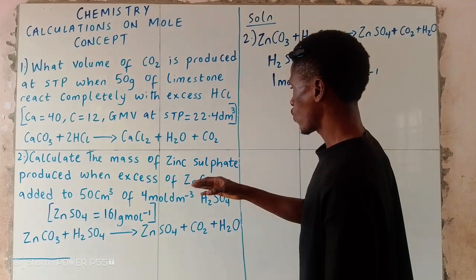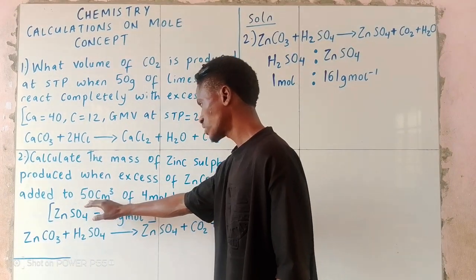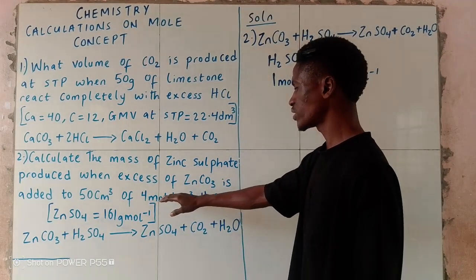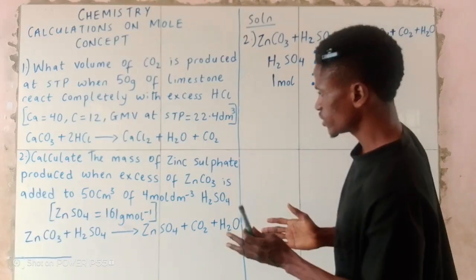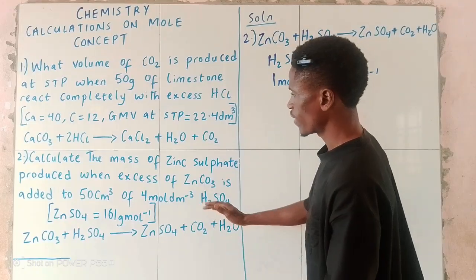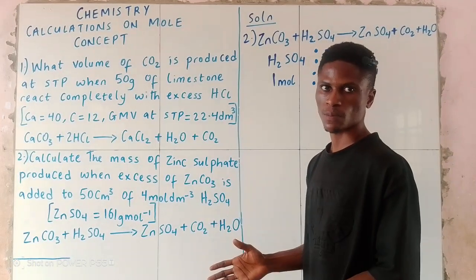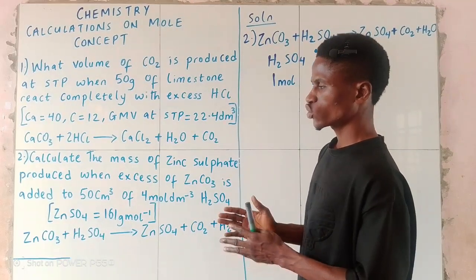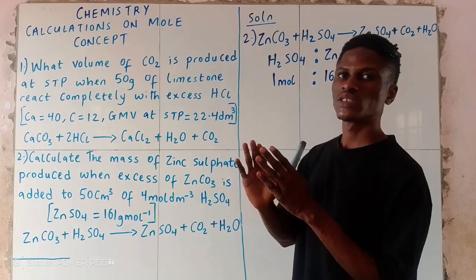When excess of zinc carbonate is added to 50 cm³ of 4 mole per dm³ H2SO4. Very easy. This value might seem confusing to us, but it's very simple. What they are asking us to do in this question is to find the mole.